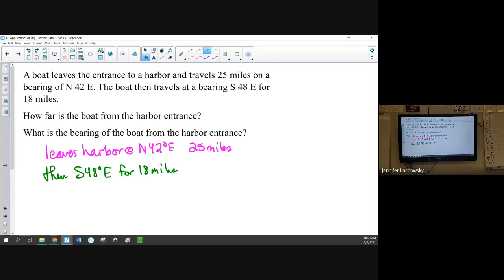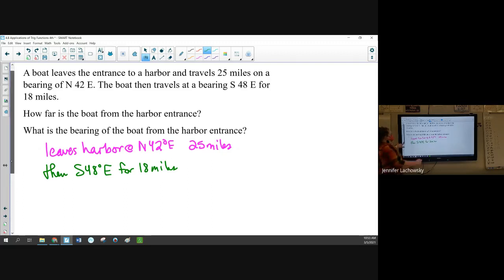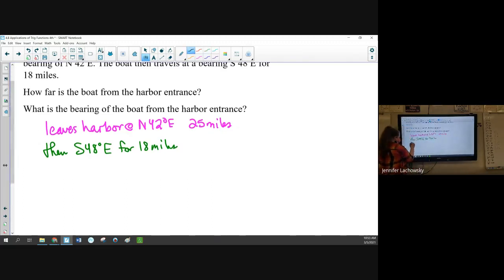Okay. And then for your notes, write down distance from harbor, and by distance from harbor, I mean straight line distance. And then bearing from harbor.